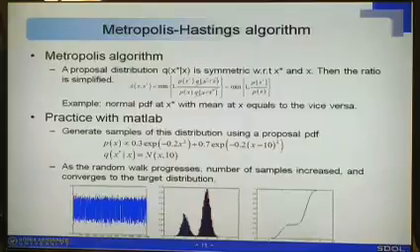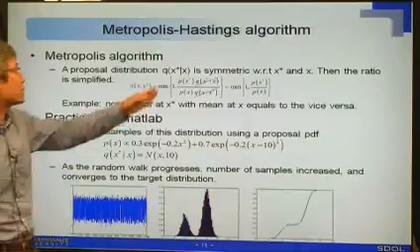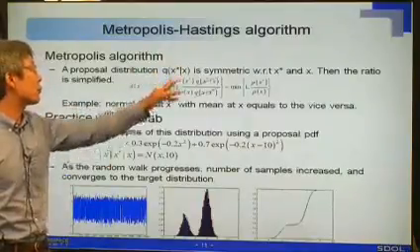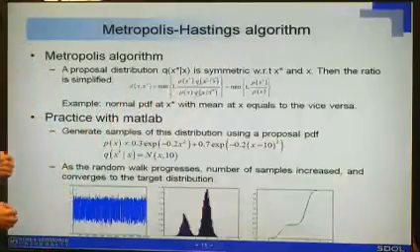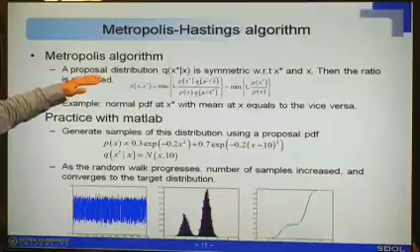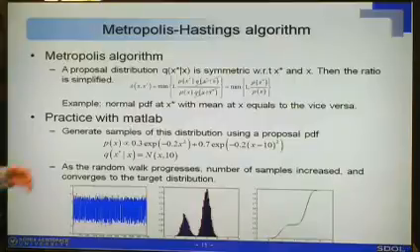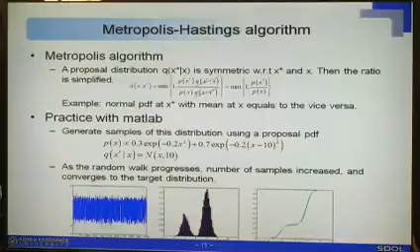And based on a certain existing point, a new point can be sampled. A good example of this symmetry is the normal distribution. When we use the normal distribution, it is symmetric with respect to the 2 points.